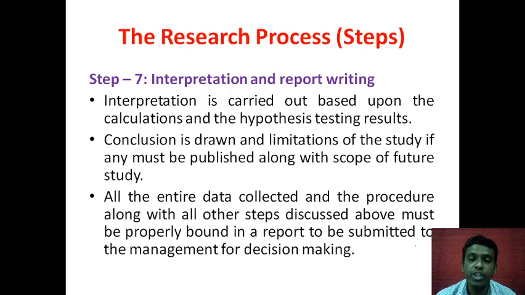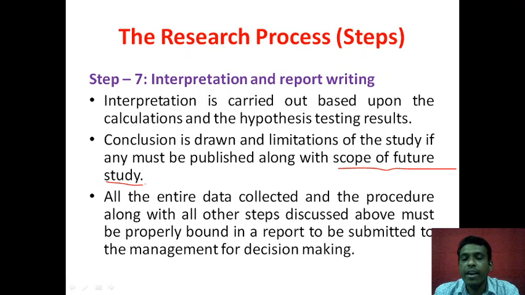They must be published, and along with that, the future scope of study has to be mentioned. Once the scope of the study is mentioned, if your research is used by someone else as a literature review, then they can use this research and the scope of the future study, and they can do their own study.